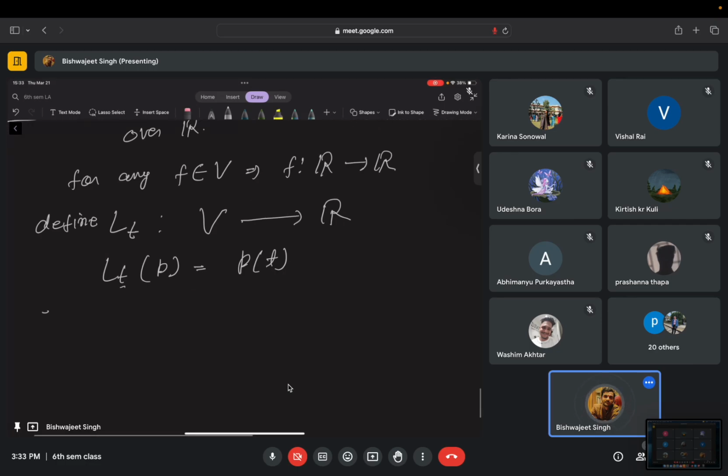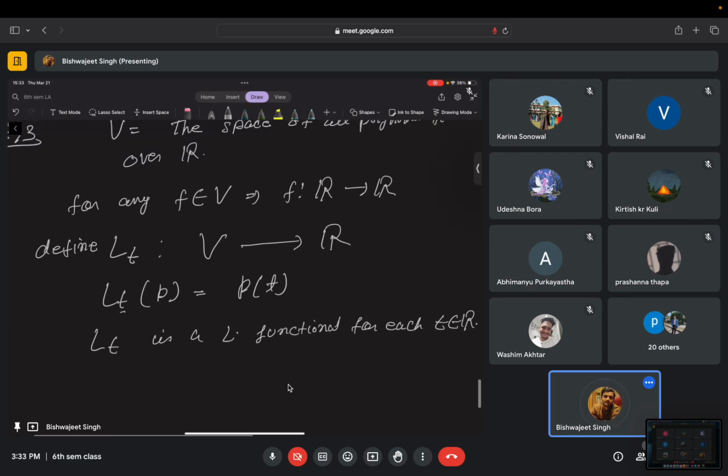So for example, okay, I'll say that this L of t is a linear functional for each t belonging to R.